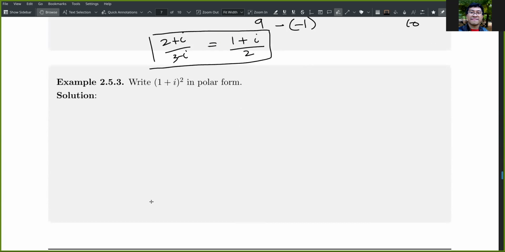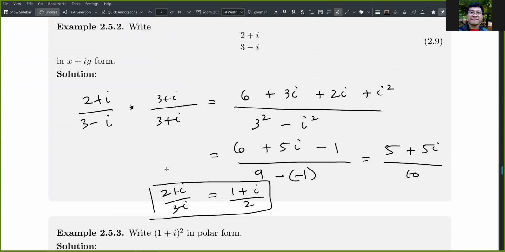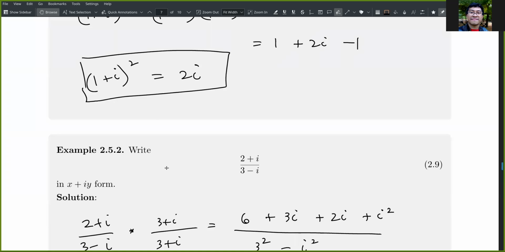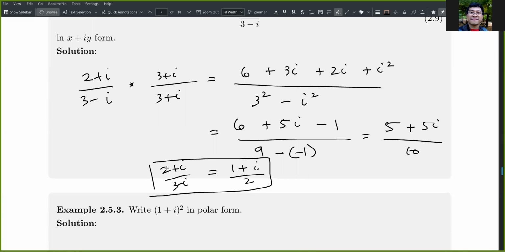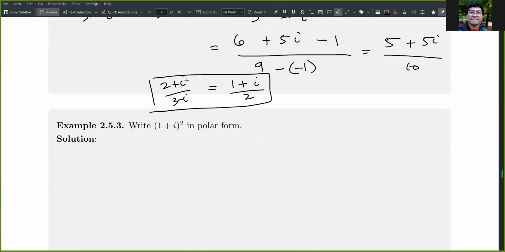Another example, we want to write (1 plus i) squared in polar form. We already have this answer here, so that could be easily written in polar form. We have (1 plus i) squared is equal to 2i. So here this is our y, and r is equal to the square root of x squared plus y squared.